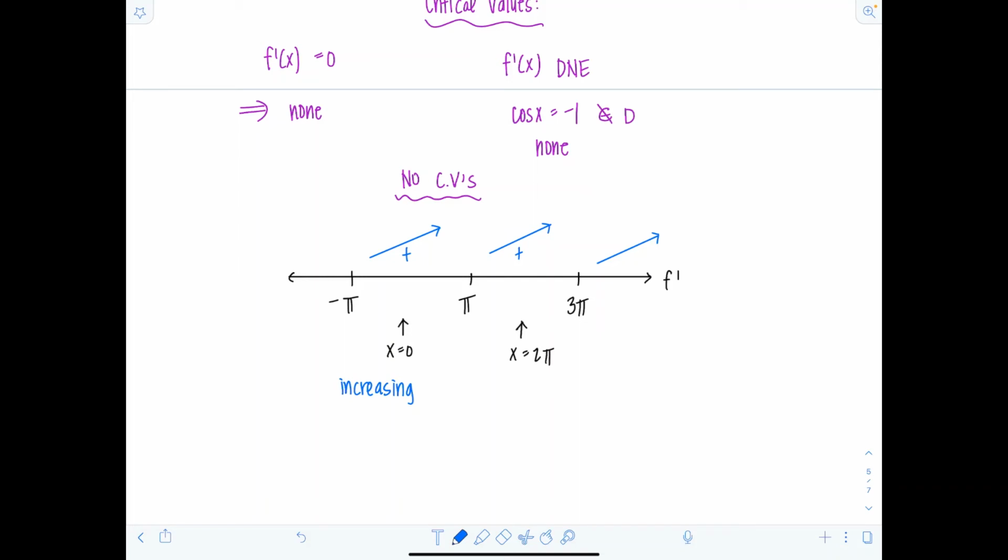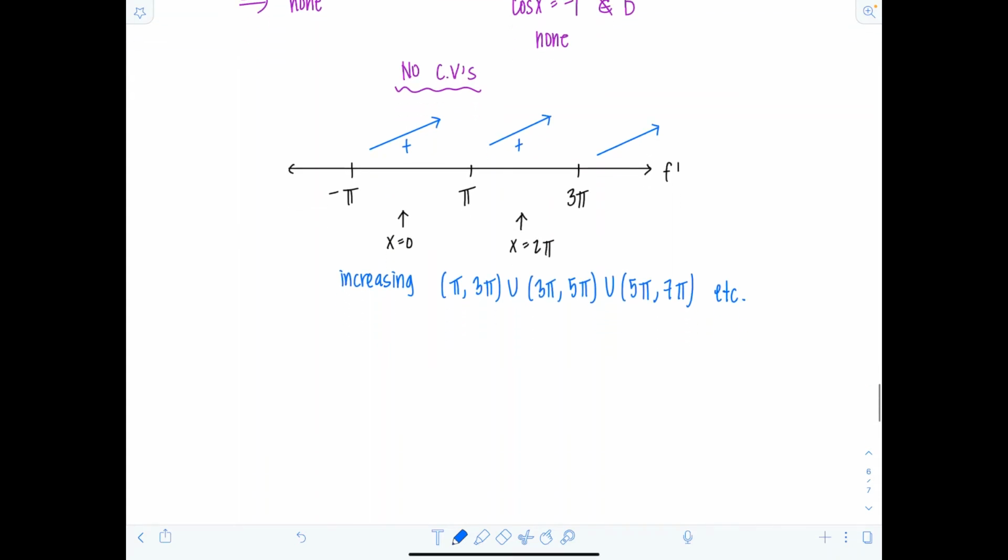So it's increasing from pi to 3 pi, union 3 pi to 5 pi, union 5 pi to 7 pi, etc. And you can just write that out by saying it's increasing from 2k minus 1 to 2k plus 1, each of those times pi.